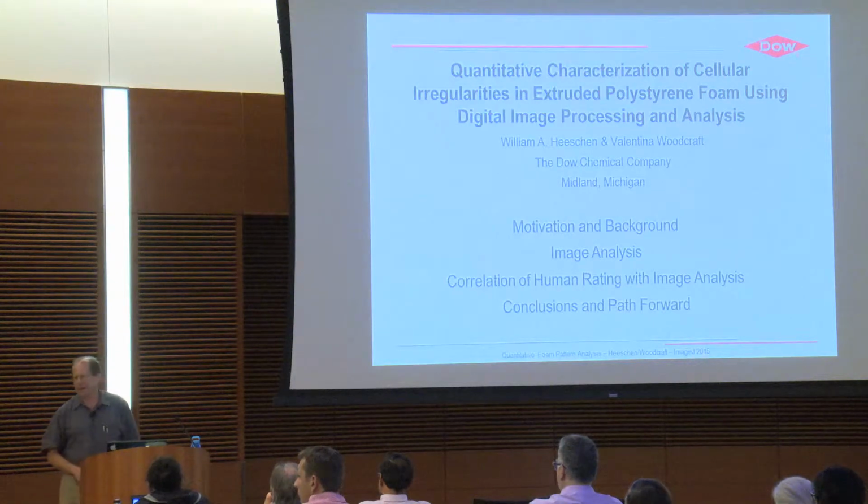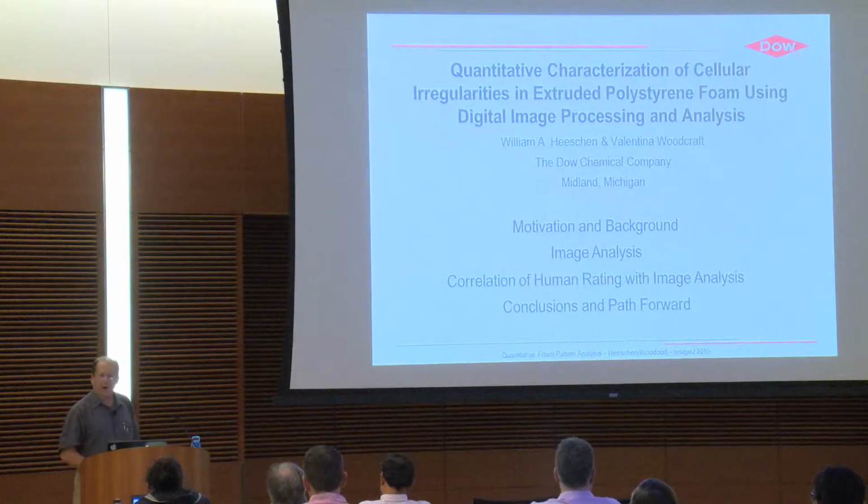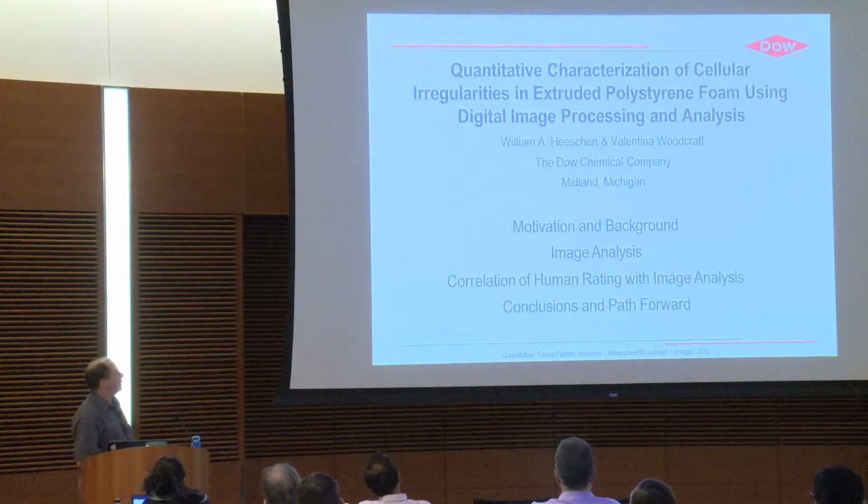You just kind of look at it and say, is it good, is it bad? And in a second, you'll see what we're talking about. We often end up trying to solve the problem of having historic data based on human panel rankings that we then have to translate into numbers, so that we can get an objective view. Then I'll talk a little bit about what we're going to do next.